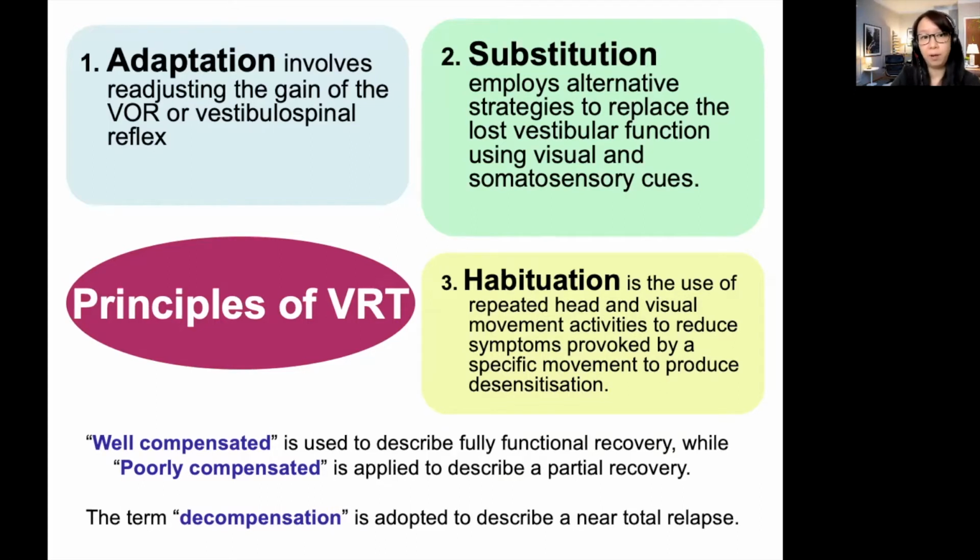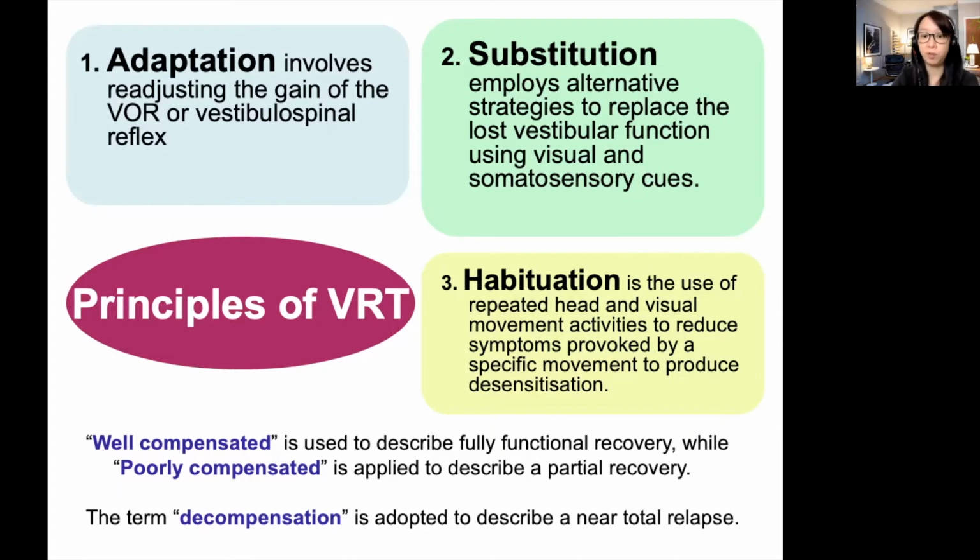How we compare this: in adaptation, we have some amount of residual vestibular function, and the principle of VRT is to improve whatever vestibular function we still have. Whereas in substitution, we are using the other organs to help you achieve balance, such as your visual or somatosensory systems.